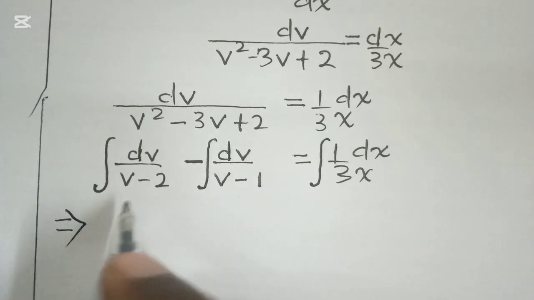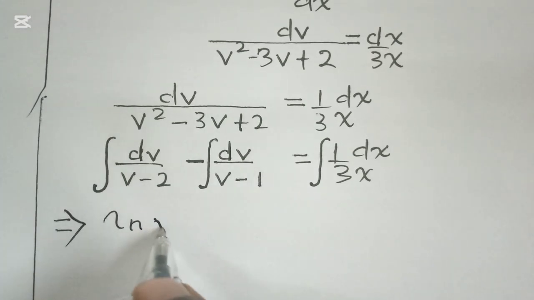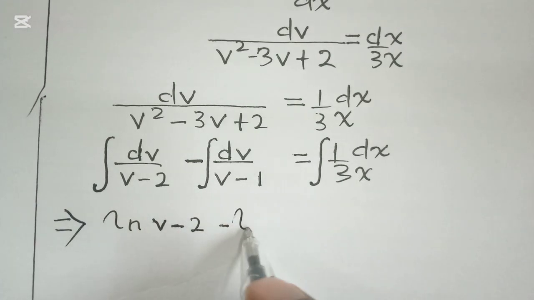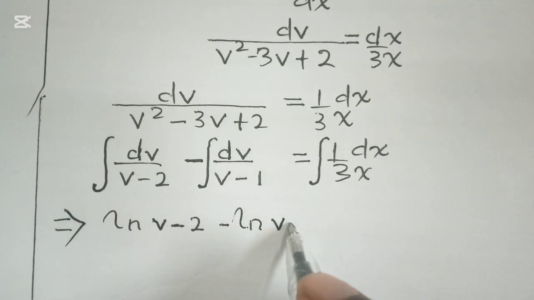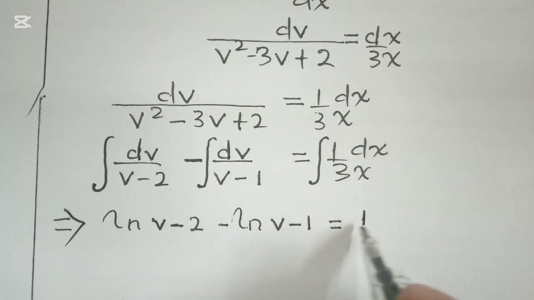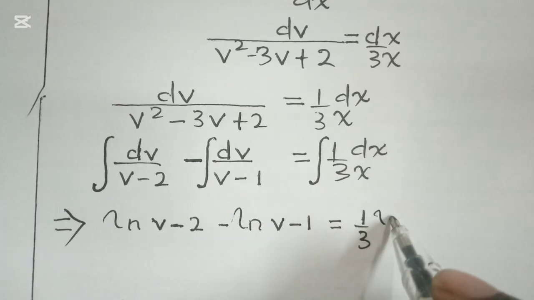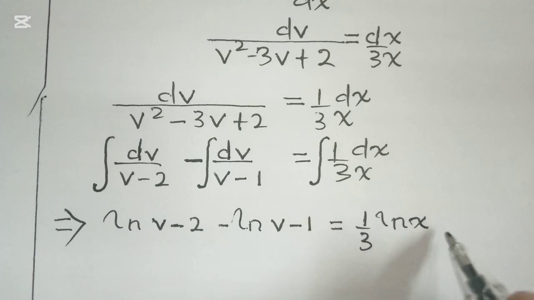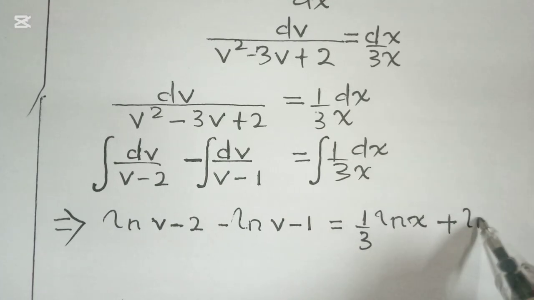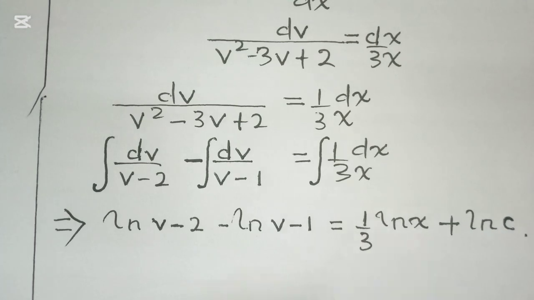We shall have ln of v minus 2 minus ln of v minus 1, equal to a third ln x plus c. We can write plus c in the form of ln, that is natural log of c.